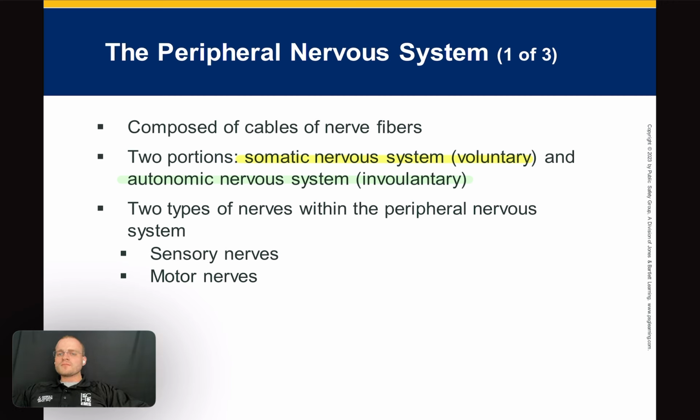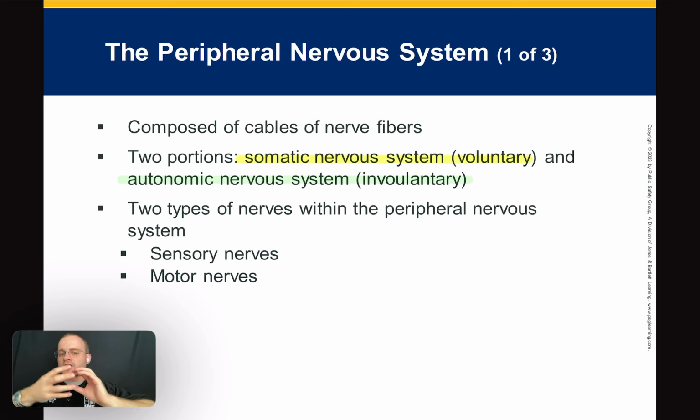Now, I told you earlier, there's mainly two types of nerves in the peripheral nervous system, right? There's sensory and there's motor nerves. Sensory makes sense, right? So this is going to be pain, temperature, touch, fine touch, vibration, okay? All of these come back to the brain or the spinal cord in the brain through sensory nerves, okay? That's sensation, okay?